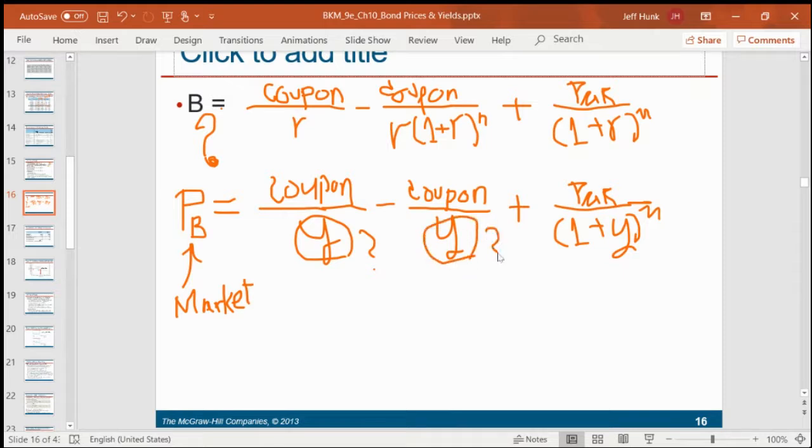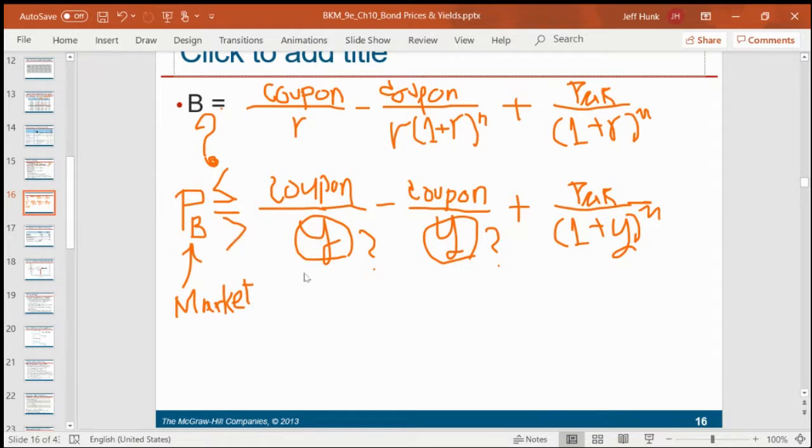There's only one Y value that can make the right-hand side equal to the left-hand side, right? Depending on what Y is, there are three possible scenarios. The right-hand side is greater than the left-hand side, or the left-hand side is greater than the right-hand side.